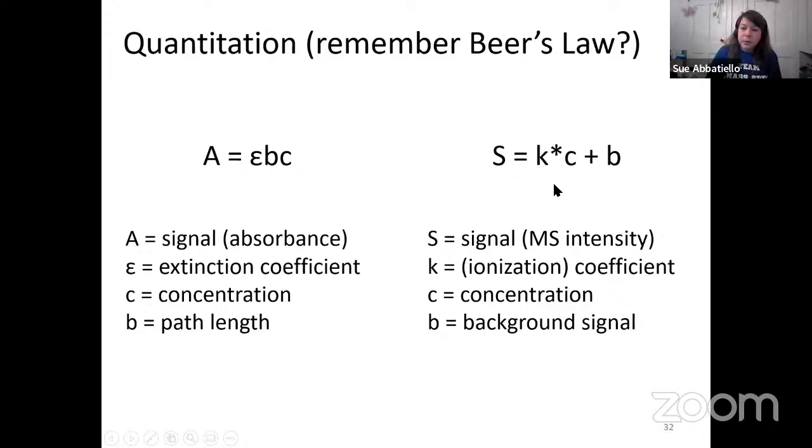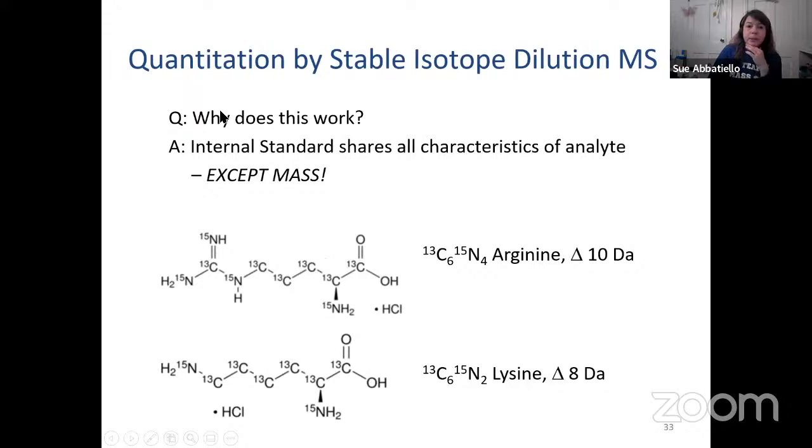And so this is where using the labels helps us to overcome this ionization issue, particularly if we use labels that are for the same peptide, but label them a little bit differently. So this is one example where we use stable isotope dilution, and we have these amino acids in the peptides we're looking at.